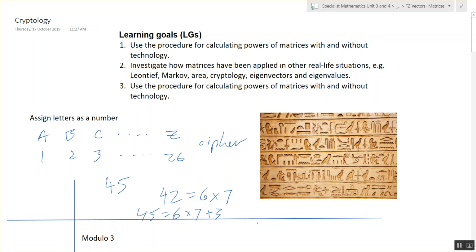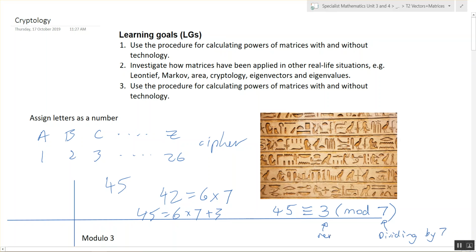So we can write it as 45 with the 3 lines is 3 under mod 7. So this says we're dividing by 7. The remainder is 3.